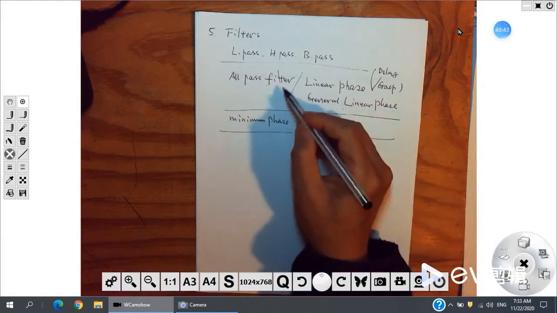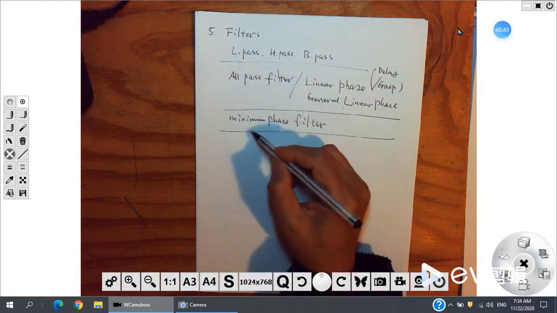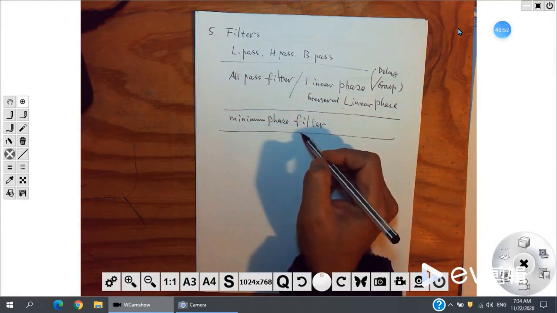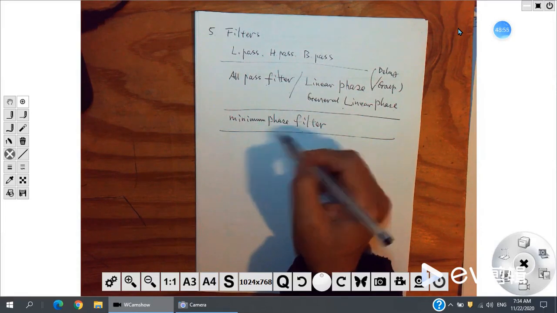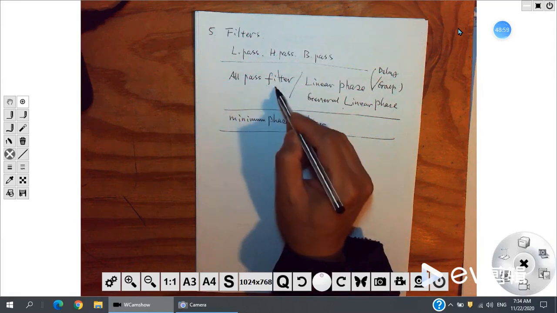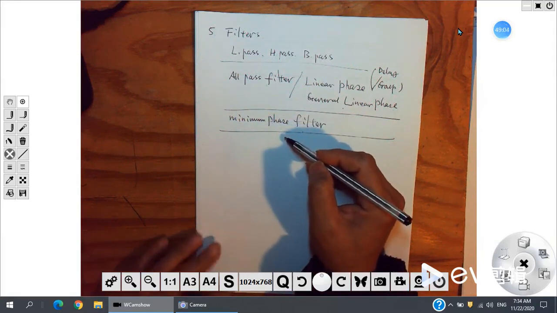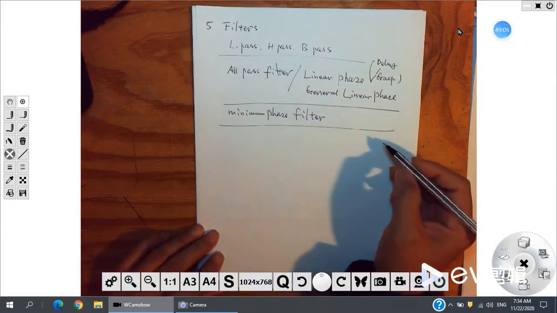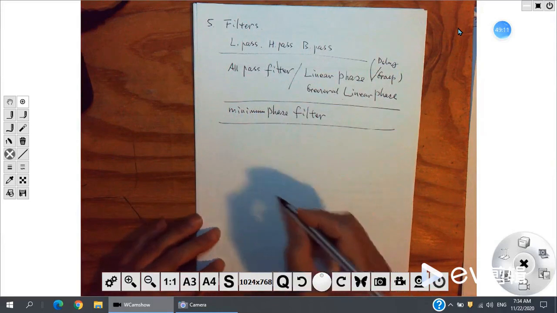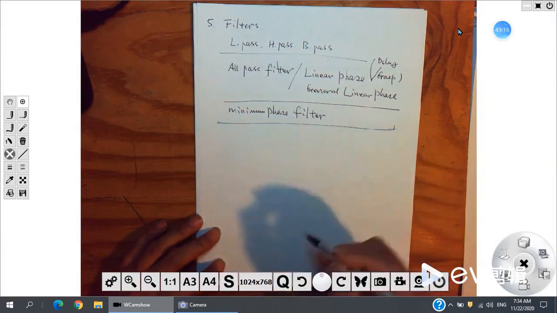And for the all-pass filter, you can use it to change your system to be a minimal phase filter. For any filter, if it is non-minimal phase, you can multiply by an all-pass filter to make the system minimal phase. You should know how to do it, right? So we have some problems. You check the homework. They give different kinds of problems and how to solve them, right? Yeah, this is the filter.